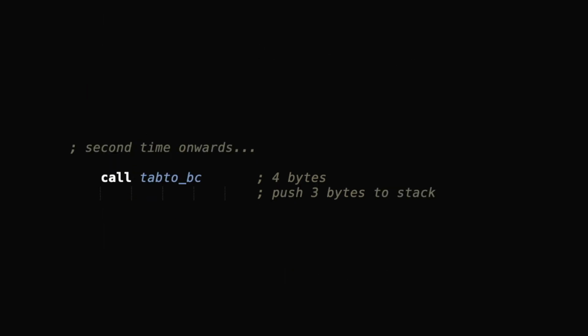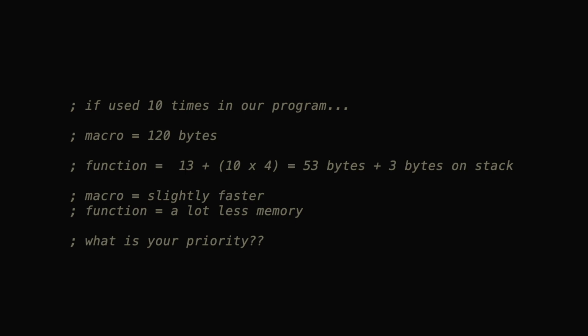However, for each consecutive time after that, it's actually only taking up 4 bytes, and the same 3 bytes are reused for the stack. So this time, if we use this routine maybe 10 times in our program, the macro is taking 120 bytes, whereas the function is only taking a total of 53, plus the extra 3 used on the stack. So sometimes we need to decide what our priority is.